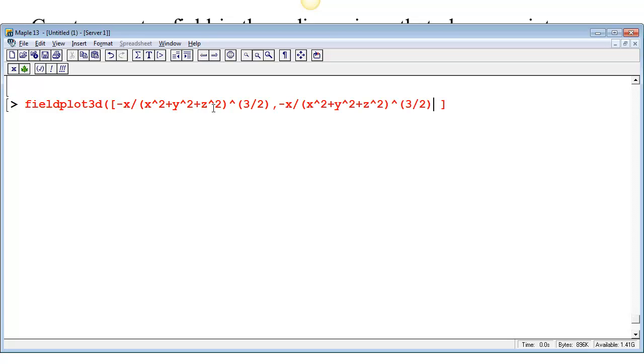The only change is that instead of a negative x we have a negative y, or for the z one we have a negative z. Then we can give a range here, x equals negative 2 to 2, y equals negative 2 to 2, and z equals negative 2 to 2.